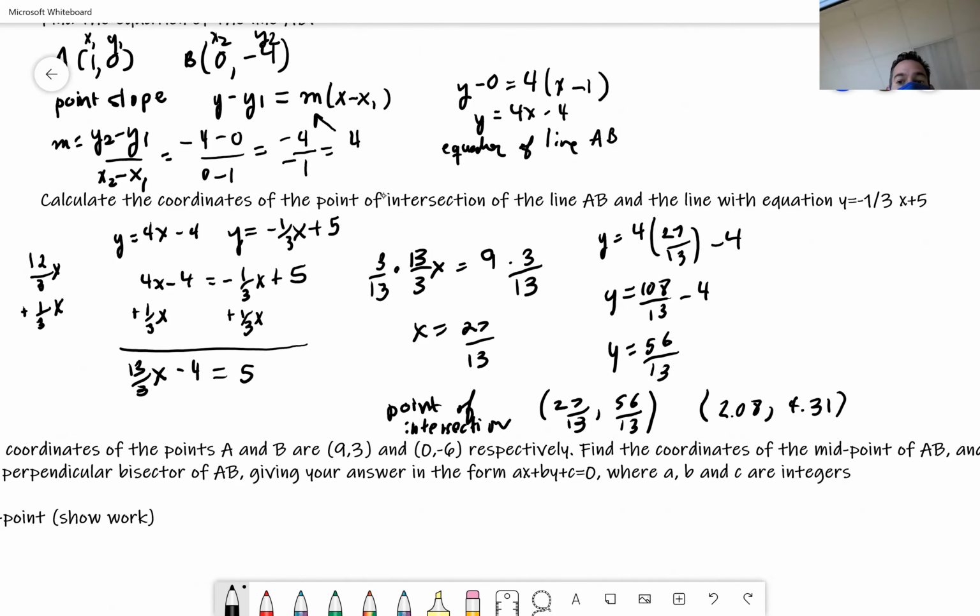I don't even know why I did that. And plus 5. And then if you come here, 2.07, 4.301. And that's the intersection. So I see it's too bright. There, you can see it. And that's the answer we have here.